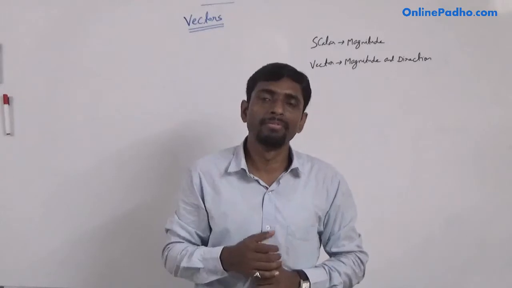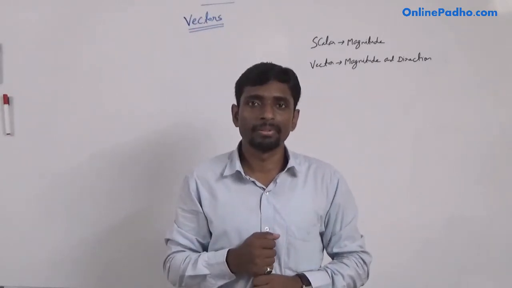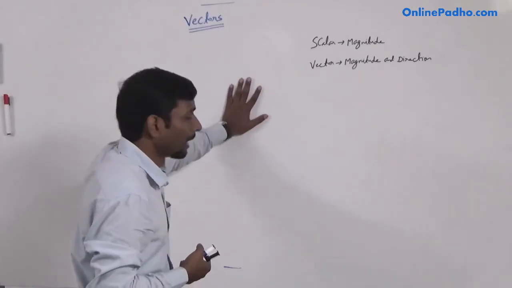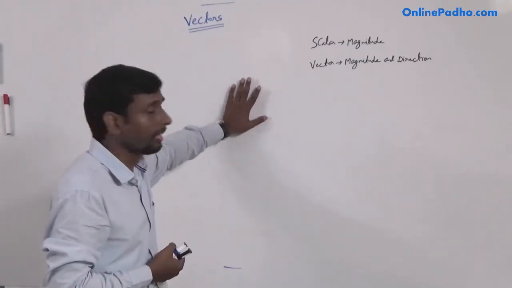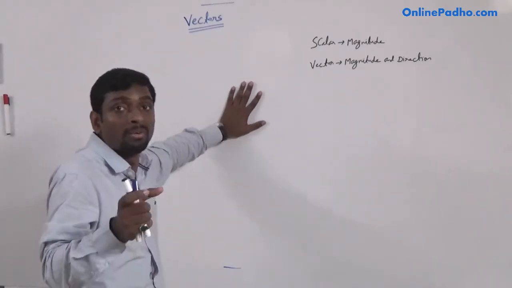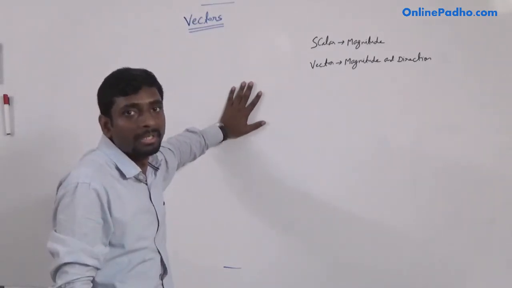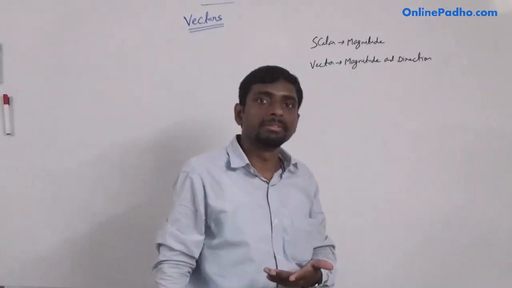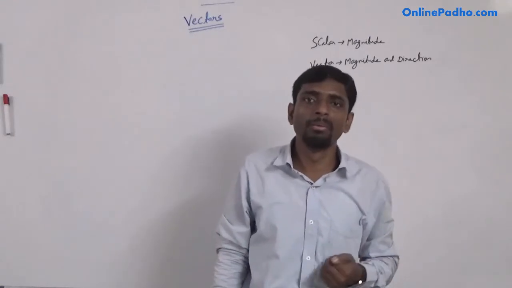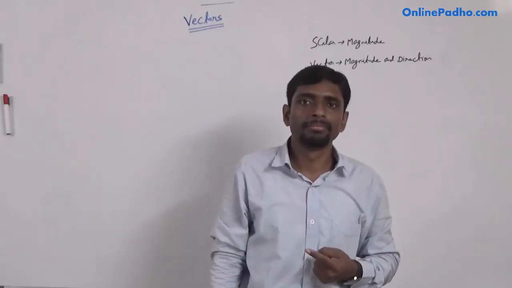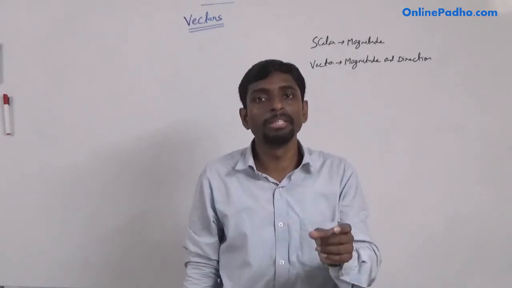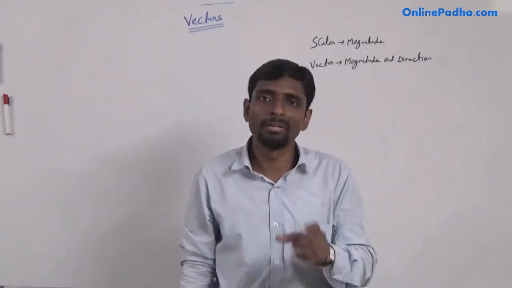For example, force. If we apply a force on this whiteboard, direction is defined: where we apply the force, in which direction we apply the force. So force is a vector quantity, right? But speed, if I say the speed of a car is 40 km per hour, means speed is a scalar quantity. This is not a vector.